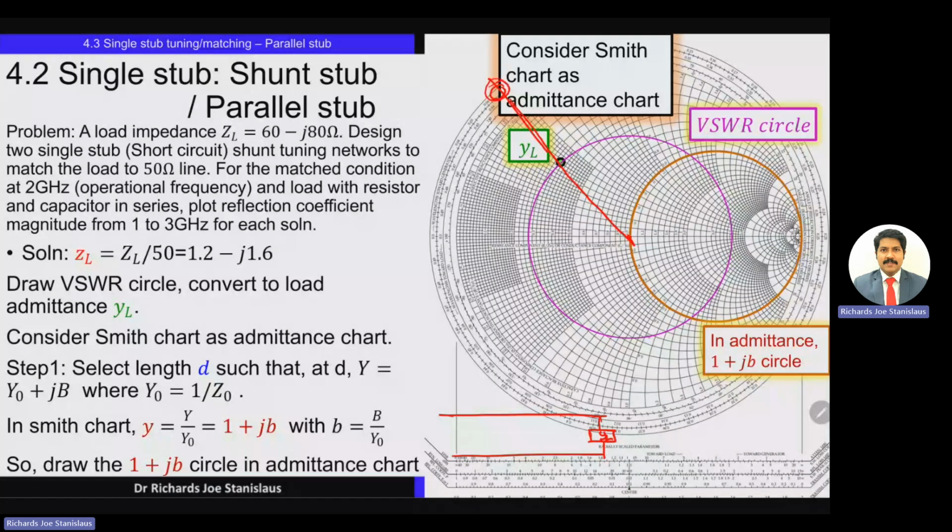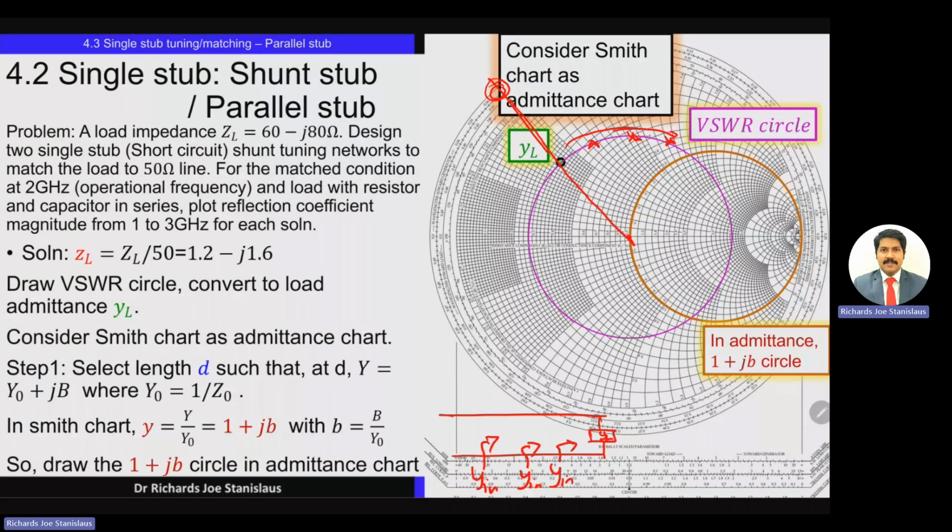Now, as you move along the VSWR circle at different points, all the admittance values represent the input admittances that you are seeing at different locations along the transmission line. It is just similar to the impedances which were plotted in the earlier case, right?